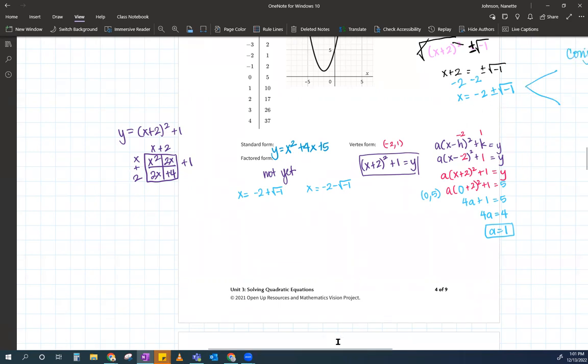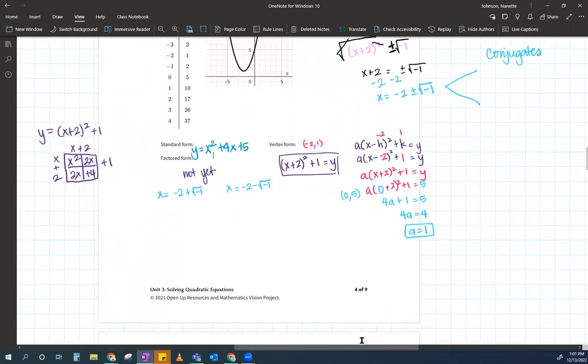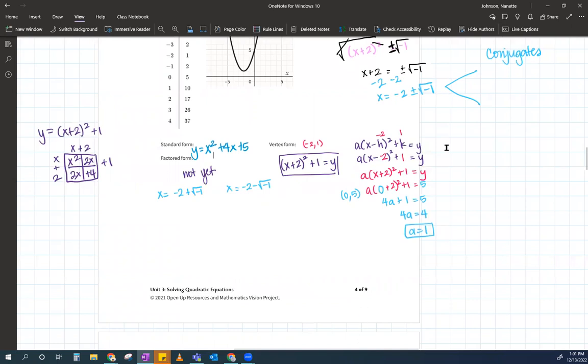The word conjugate is the same as if we're conjugating a verb in Spanish. It reminds me of that. So it's -2 plus the square root of -1 and -2 minus the square root of -1. I want you to pay attention to what's the same and what's different between these two.